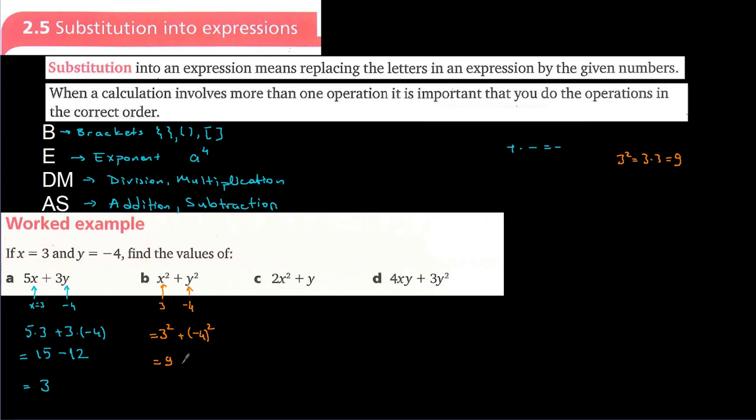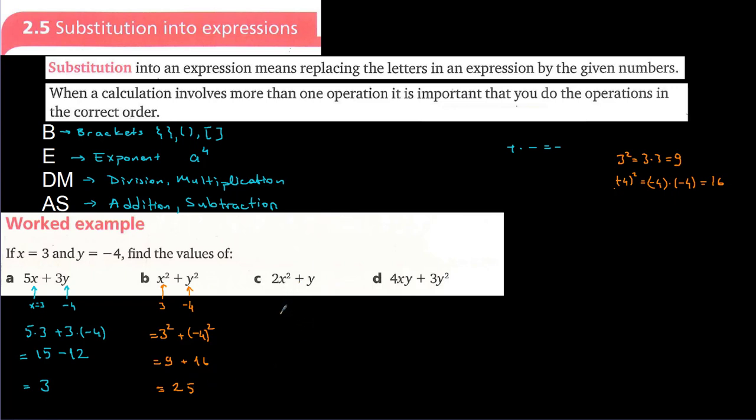Here I am writing 9, and the second one, (-4) square, means -4 times -4, which is equal to 16. It's going to be plus 16 because -4 times -4 is plus 16. The square of a number means multiply by itself. So the result is going to be equal to 9 plus 16, which is equal to 25.